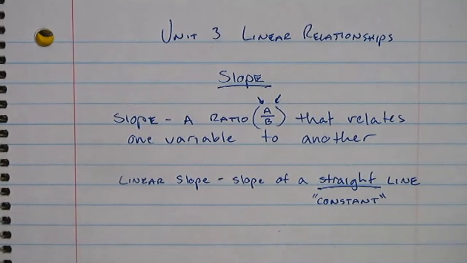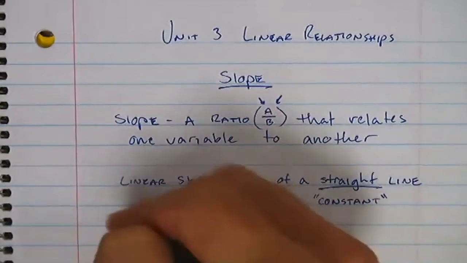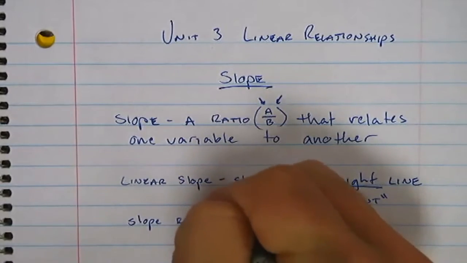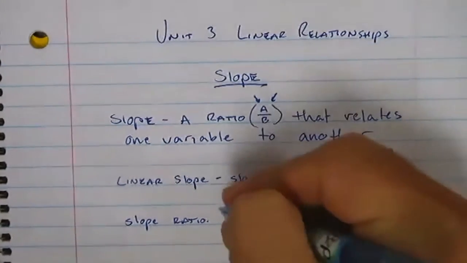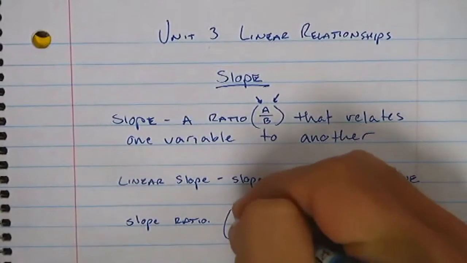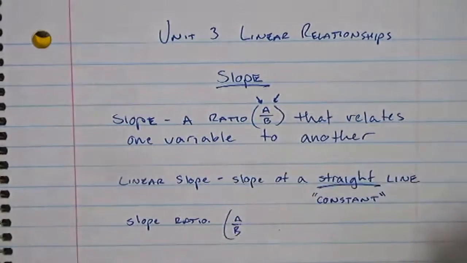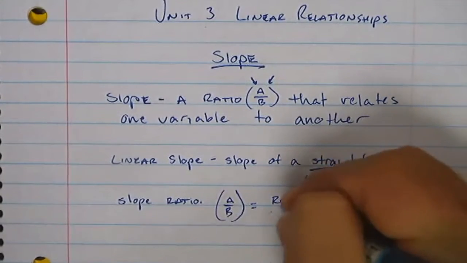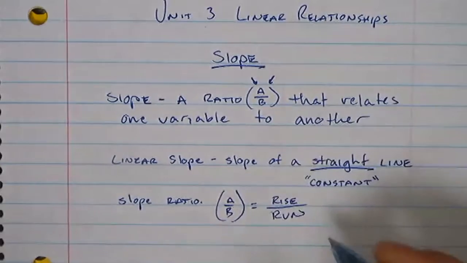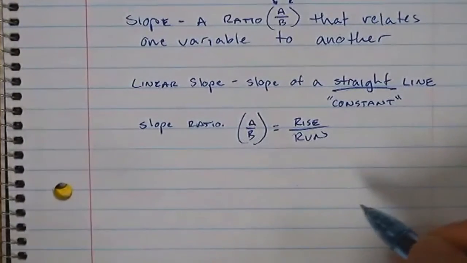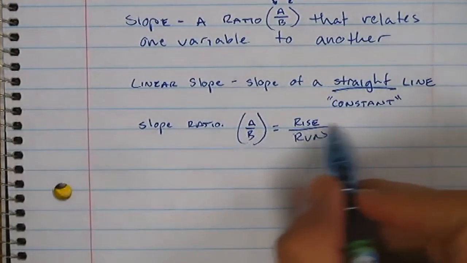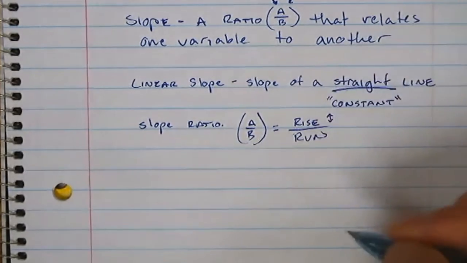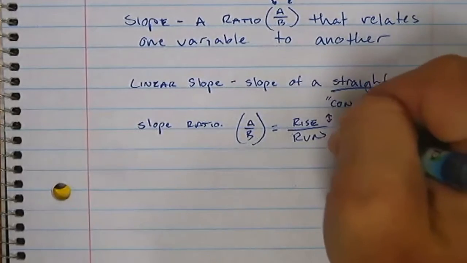All right, so a little bit more about slope as a ratio. Again, it is A over B. I'm going to go 2 lines on this one. But more importantly, we're going to think of that as rise over run. Okay, so when we think about our x's and y's, our rise, that is the up and down portion of it, versus our run, which is the left and right.